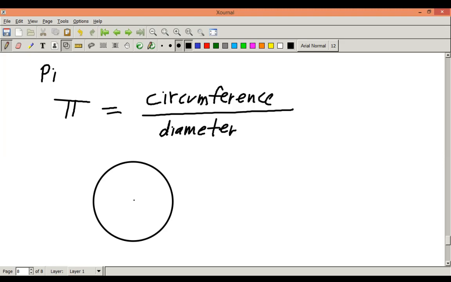If you take the circumference of that circle, how far it is around the circle, you take your tape measure and you measure this, whatever that comes out to be. And then you measure the diameter, whatever that comes out to be.